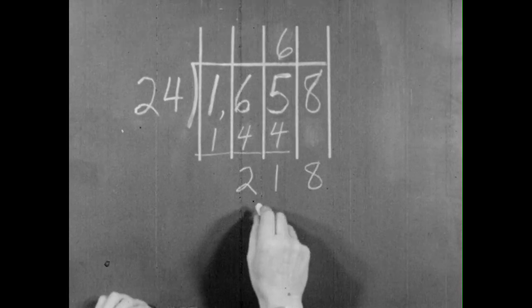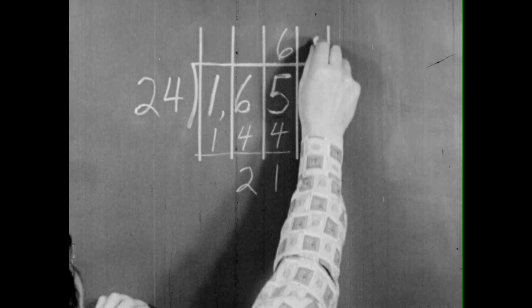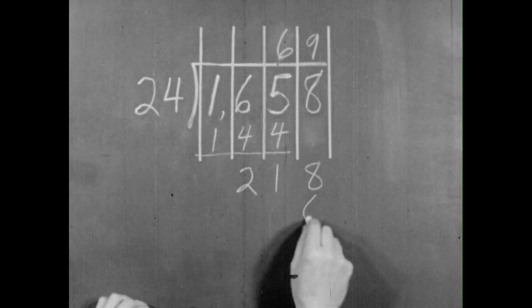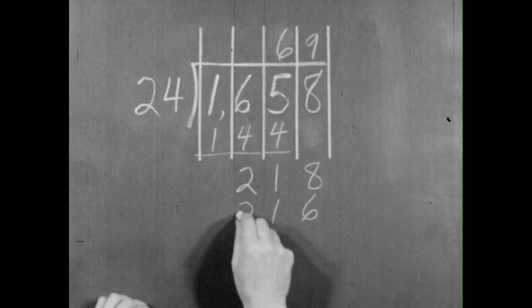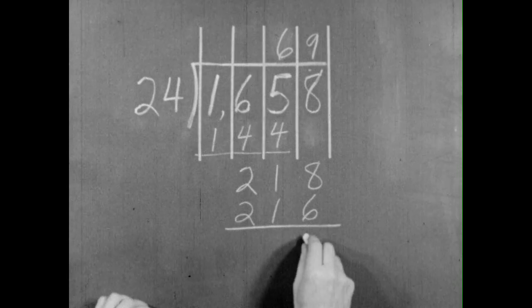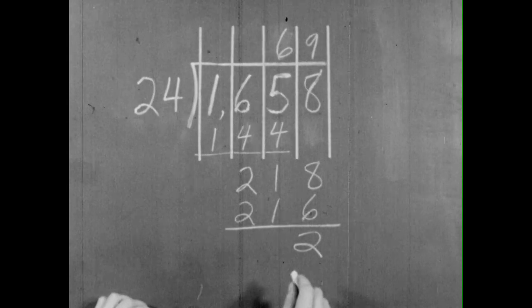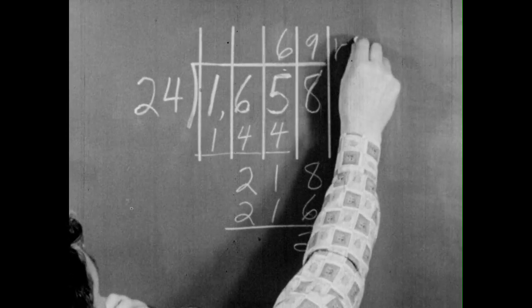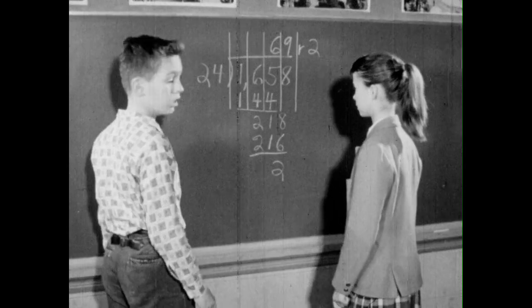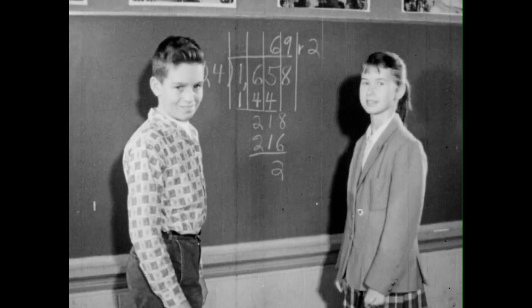Be careful of your division facts. Very good. If you give 69 tickets to each of the 24 rooms to sell, you will have 2 tickets left over. You and Linda can sell those 2 extra tickets, can't you?